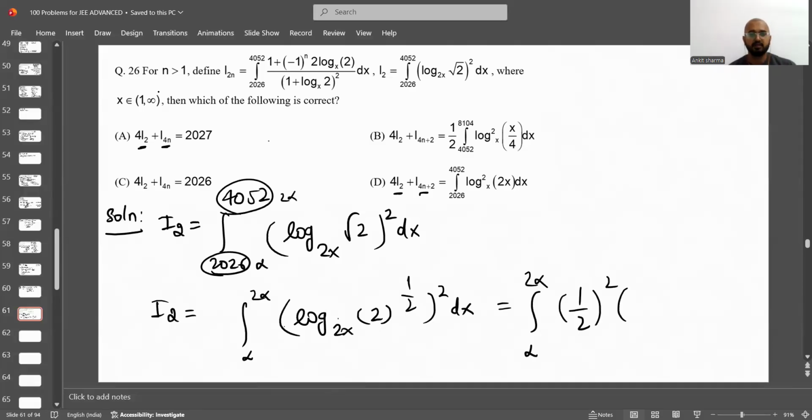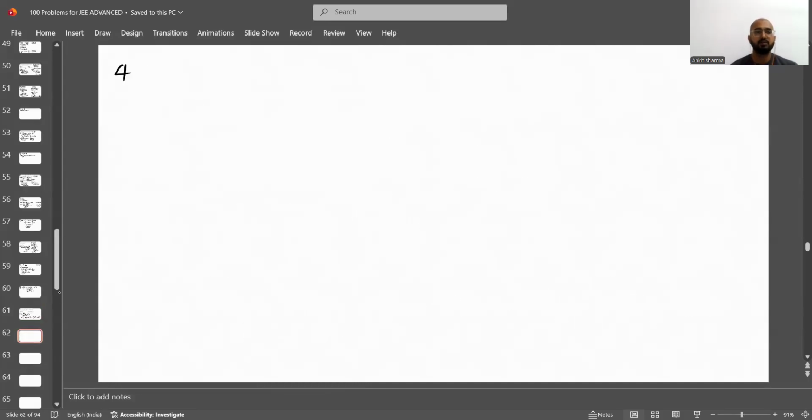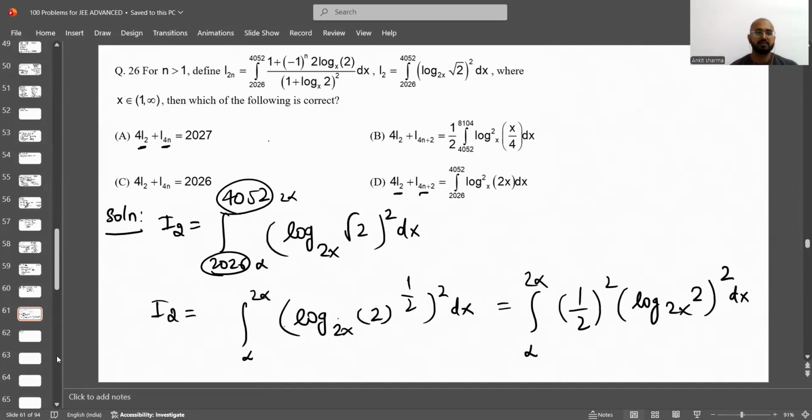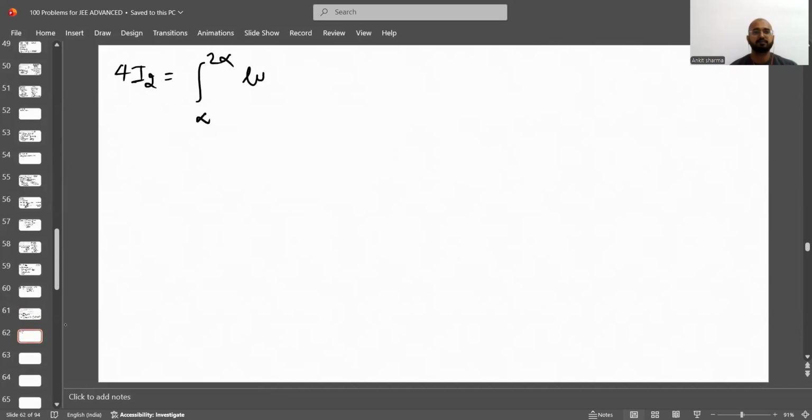And then I'm left with log 2 base 2x, dx. So I get here 1 over 4. This 4 I'll be taking here. So I'm having 4I2. So 4I2 is equal to the integral from alpha to 2 alpha of log 2 base 2x, the whole square, dx.